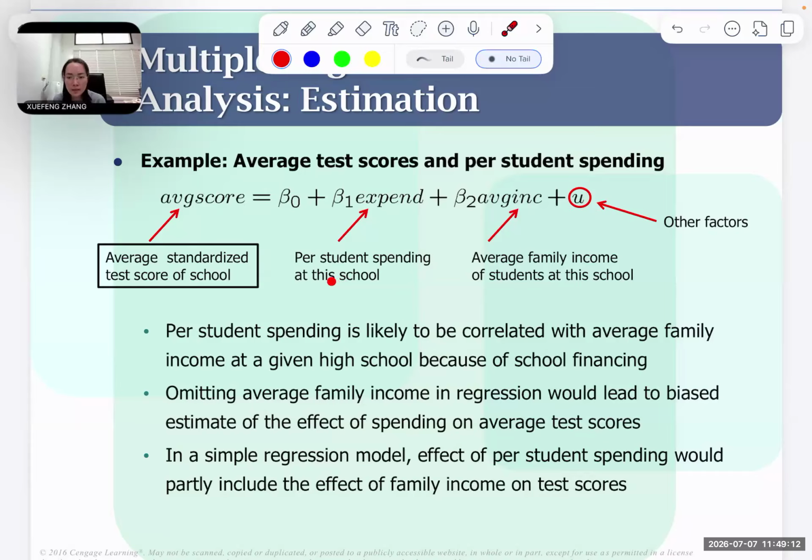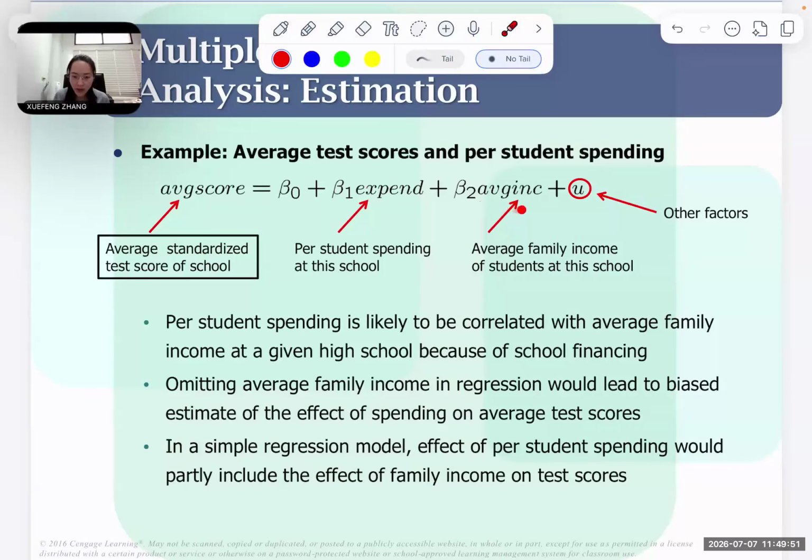If we run a simple regression with only expenditure and leave average income out, average income doesn't disappear. It goes into mu. But since average income is correlated with expenditure, our estimate of beta 1 gets contaminated. It won't just capture the effect of spending. It will also pick up part of the effect of family income riding along with it.